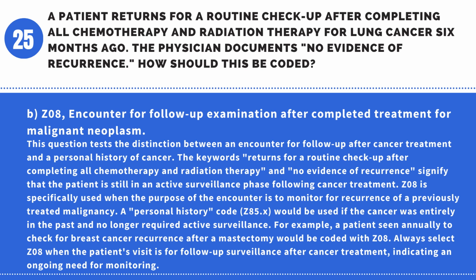This question tests the distinction between an encounter for follow-up after cancer treatment and a personal history of cancer. The keywords returns for a routine checkup after completing all chemotherapy and radiation therapy, and no evidence of recurrence signify that the patient is still in an active surveillance phase following cancer treatment. Z08 is specifically used when the purpose of the encounter is to monitor for recurrence of a previously treated malignancy.